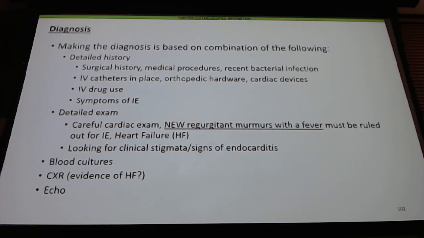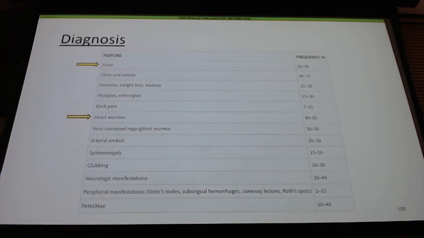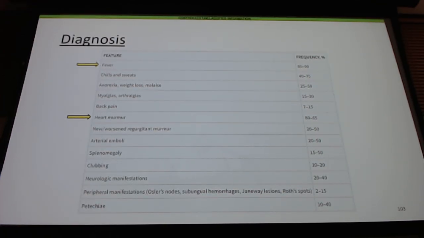And when you're trying to diagnose this, it's important to take a good history in order to determine risk factors. But on exam, one of the more common things you're going to see is a new regurgitation murmur affecting that valve with a fever. If you have those 2 symptoms, you should be very concerned for infective endocarditis, because when you look at the frequency of symptoms in your patients, fever and new heart murmur are the most common.